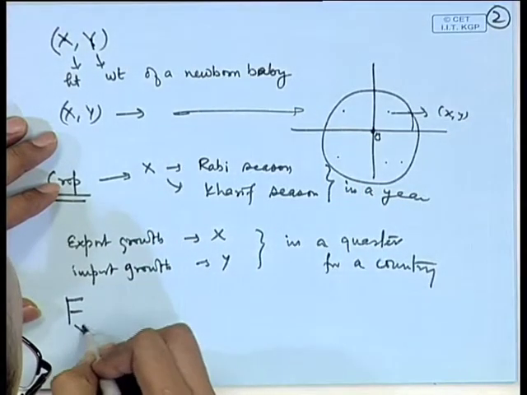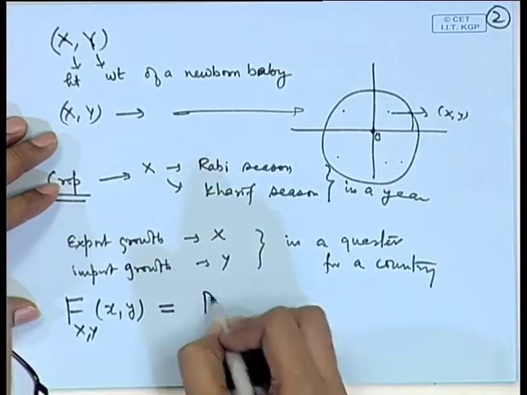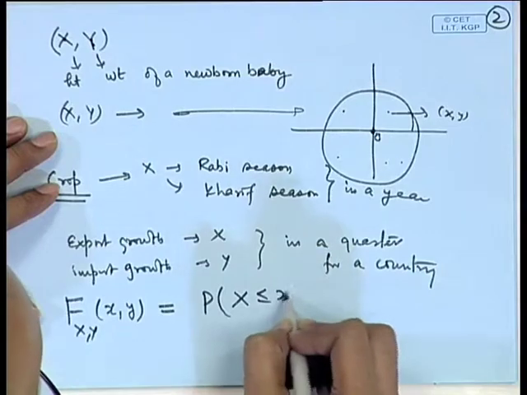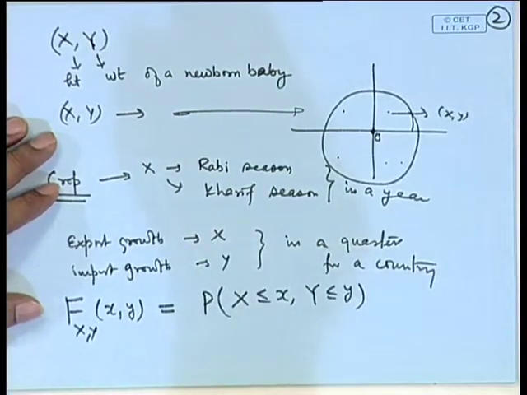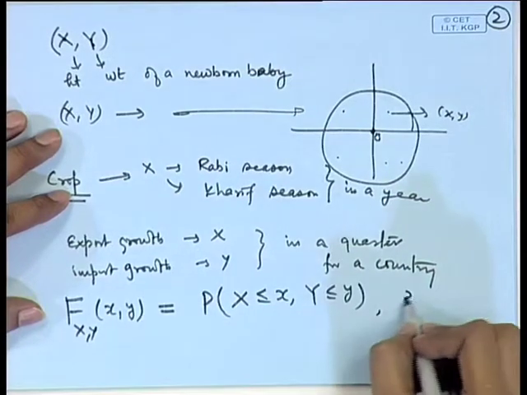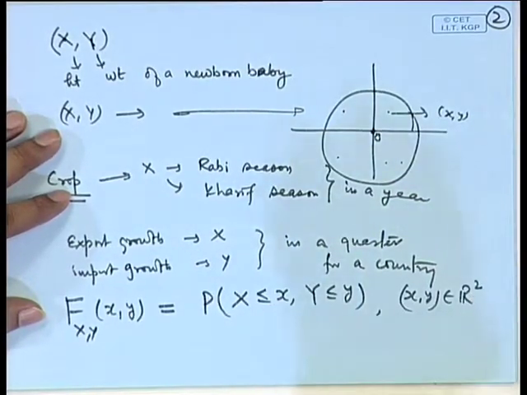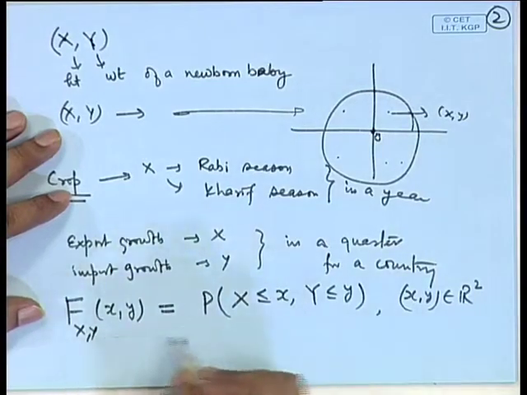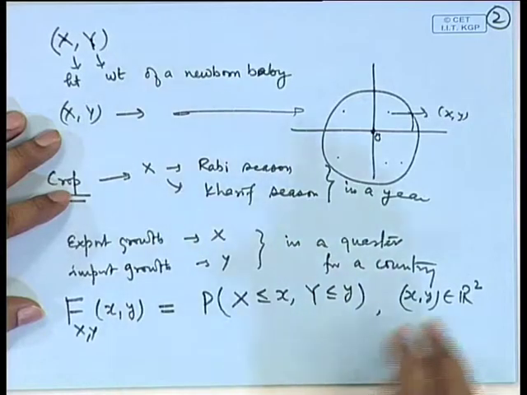However, one may make use of the joint CDF, that is probability of x less than or equal to x, y less than or equal to y. This is defined for all x y in the two dimensional plane. We will look at the properties of this CDF later on.